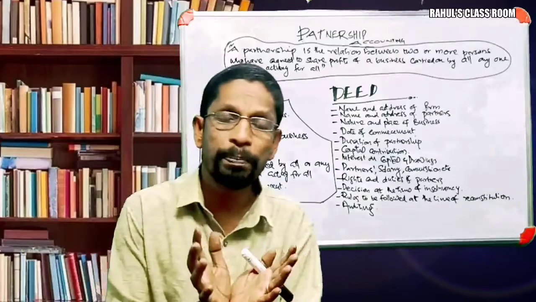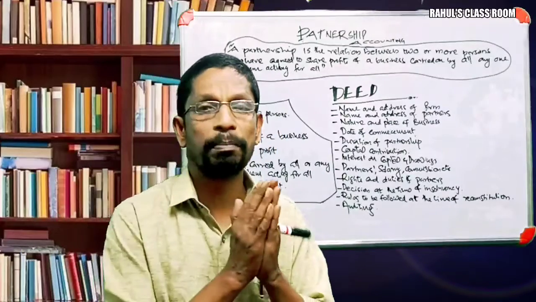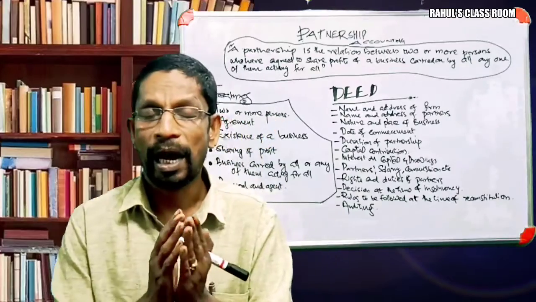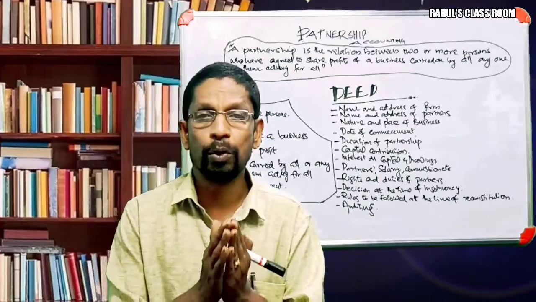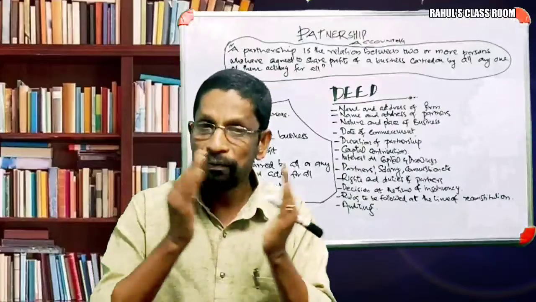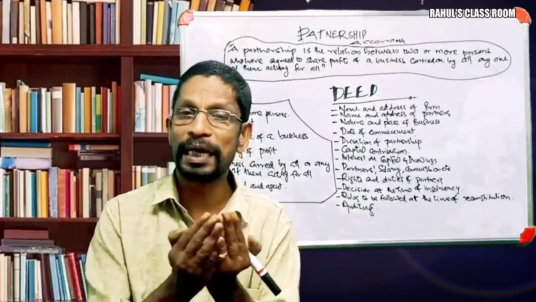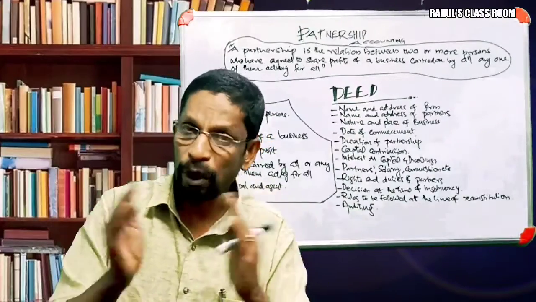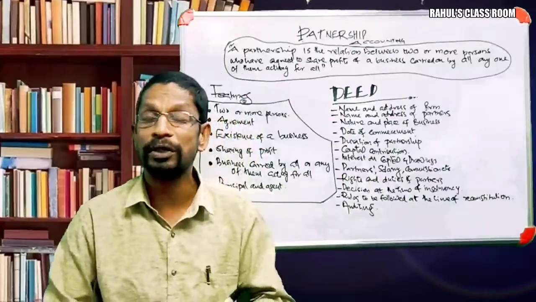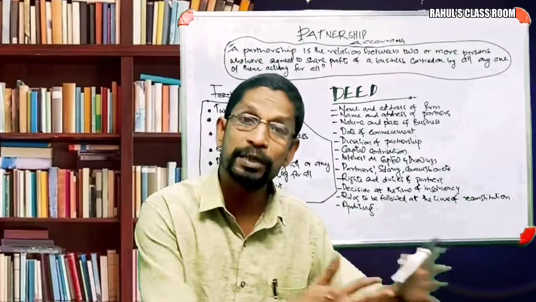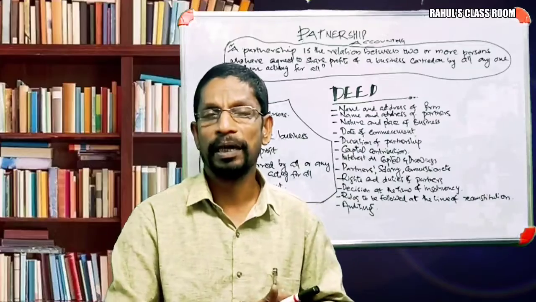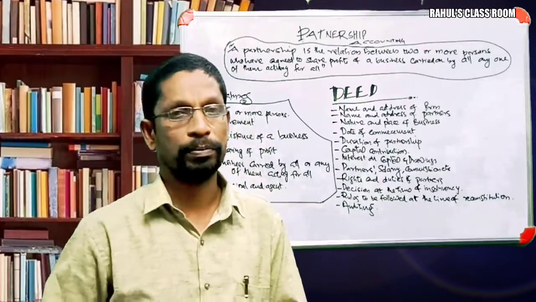So, partnership is a group of certain members, and they formed this group for the purpose of doing some business activities, and the profit or loss of such business activity is divided among these members, that means the partners, in an agreed ratio.